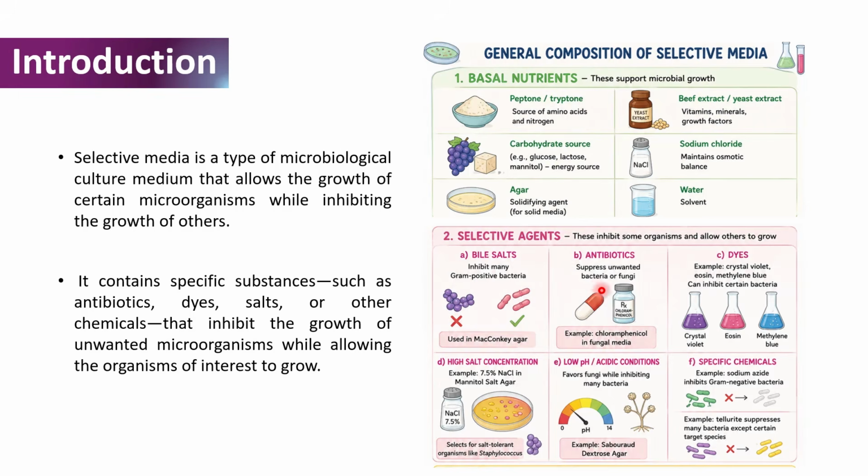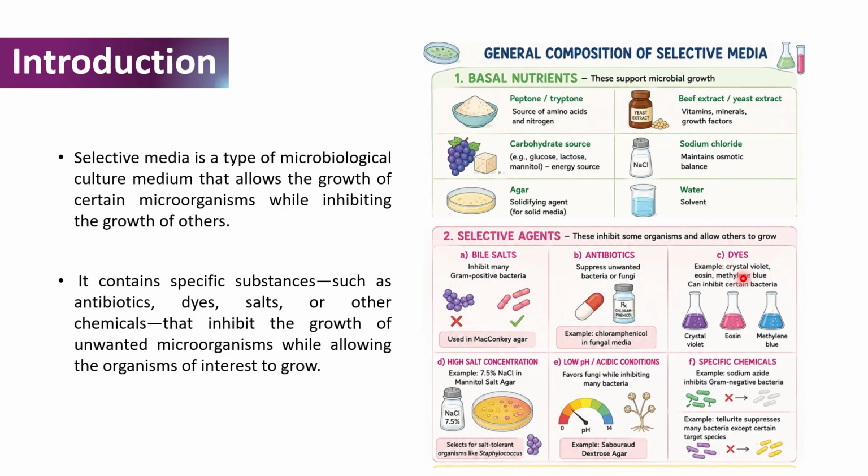Antibiotics such as chloramphenicol, which is used in the preparation of fungal media such as Sabouraud dextrose agar and potato dextrose agar, suppress the growth of bacteria whilst allowing the growth of fungi.